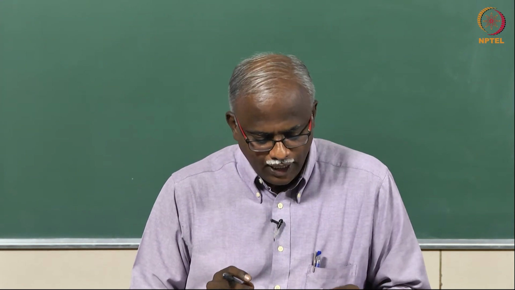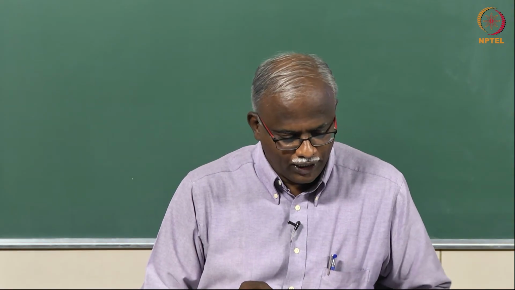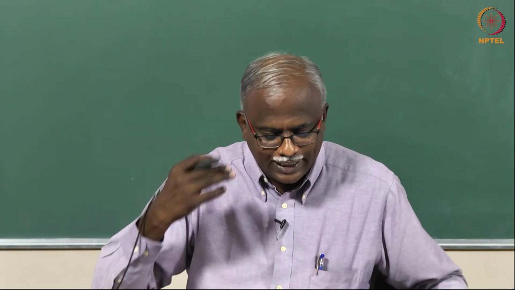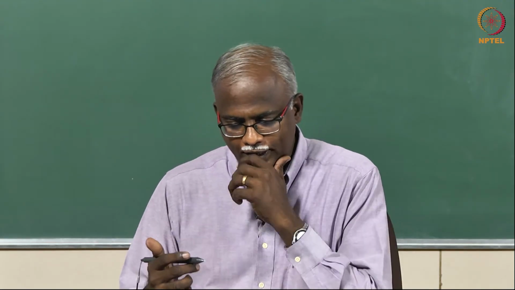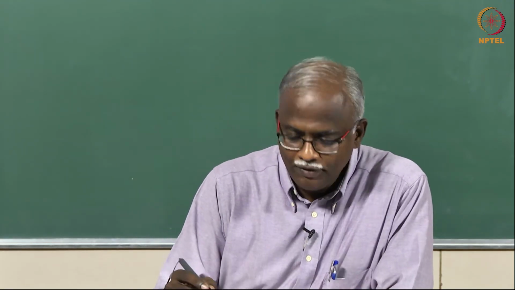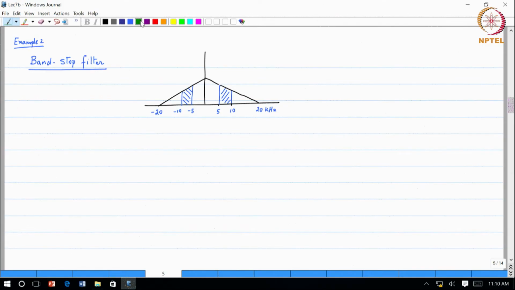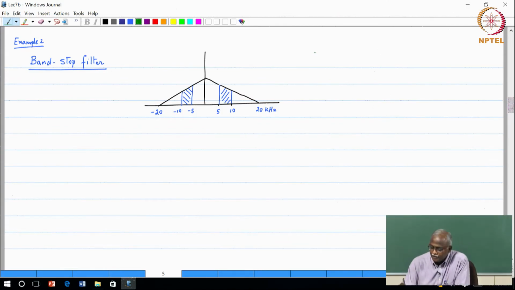So, the next application, just so that you start thinking along the lines of what we are trying to do. We are given a continuous time signal. Here are the data that is given. It is a continuous time signal with a spectrum which is band limited to 20 kilohertz. Okay, so I am assuming that you will be able to interpret that there is a spectrum from minus 20 to 20, that is the input spectrum.